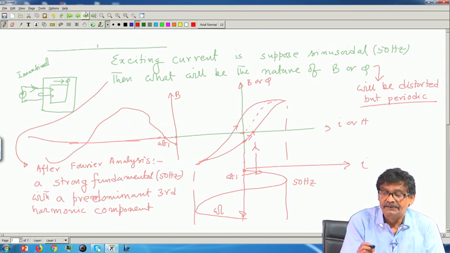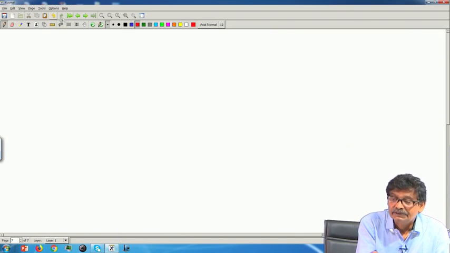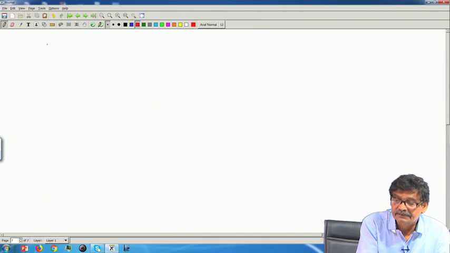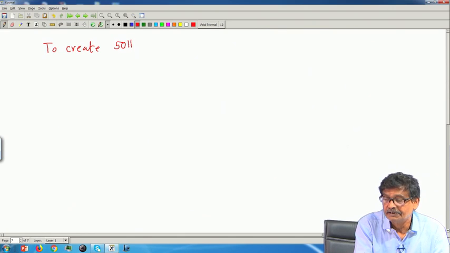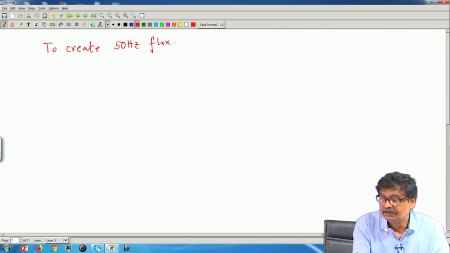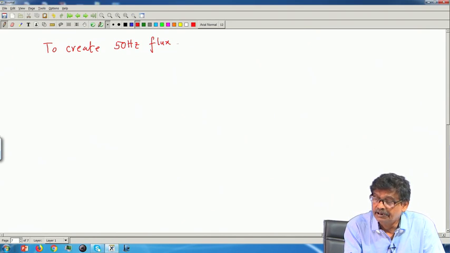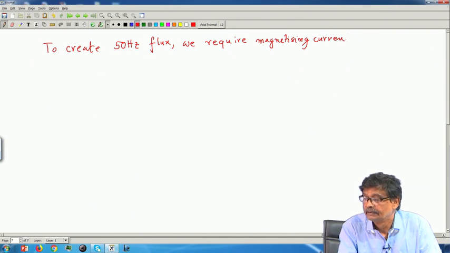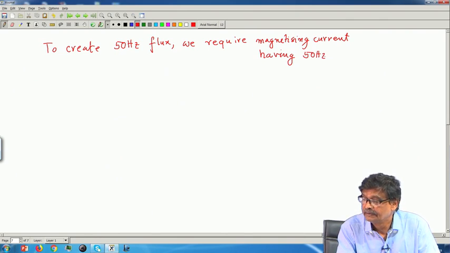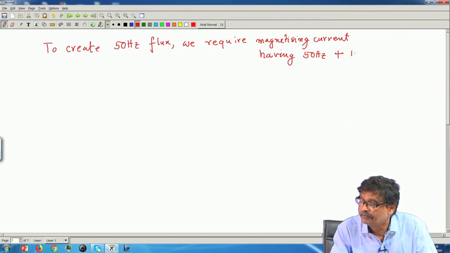So, in summary I will say that to create 50 hertz flux in the core, we require magnetizing current having 50 hertz fundamental component plus 150 hertz component.